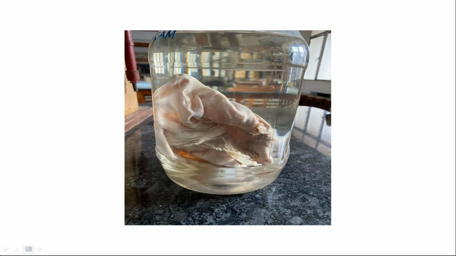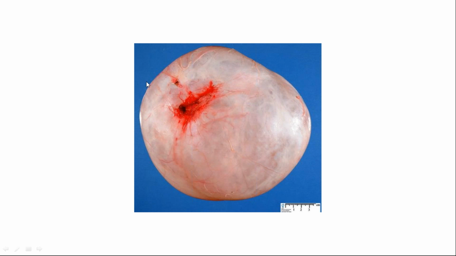So this is the gross image of the serous cystadenoma. This is the normal cyst which we have in our lab. This is the epithelium. You can see it's a lining epithelium. This is before rupture. You can see this is a solid area, cystic area.